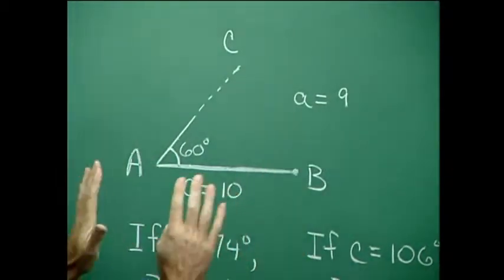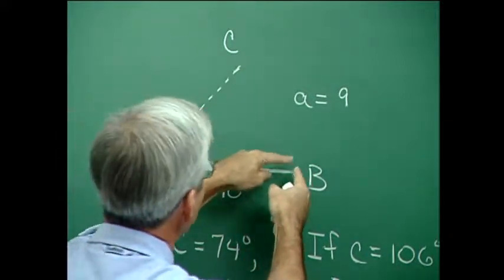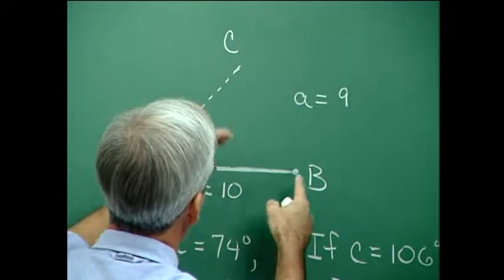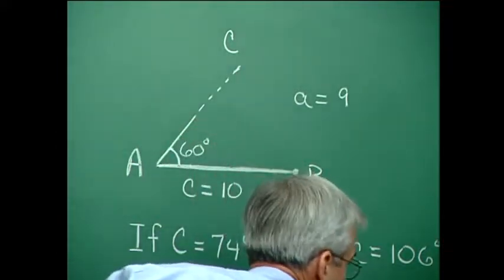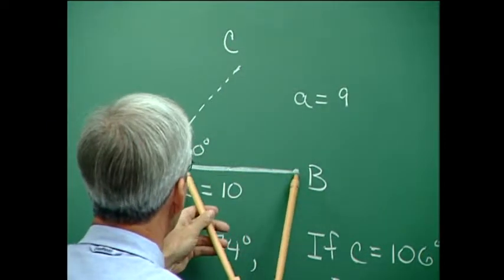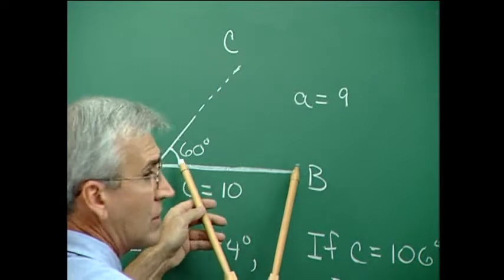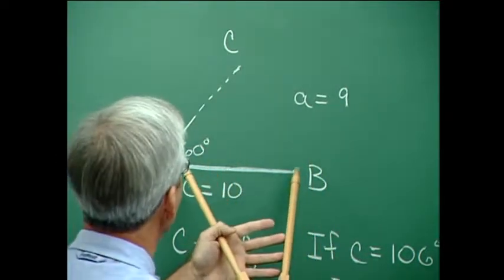Now, that 9 could be constructed in a couple of ways. That is, that side length of 9 can join from B to this side in a couple of different ways. Let me show you how that's possible. This is 10, so 9 will be a little less than that, and I've just made this the opening of my compass.